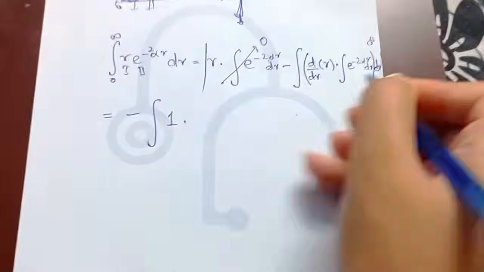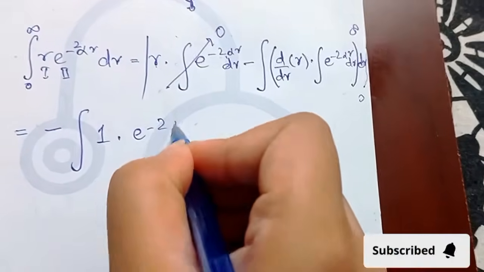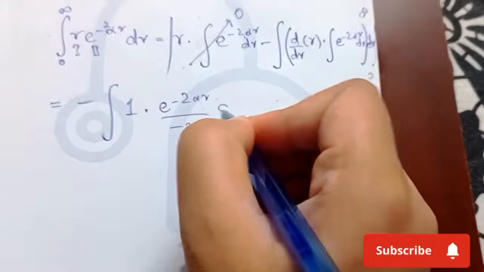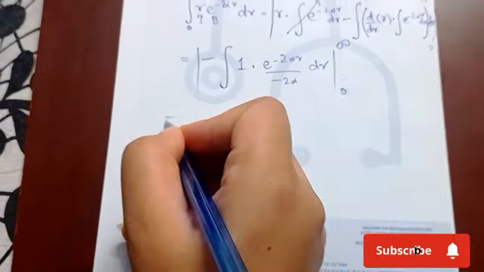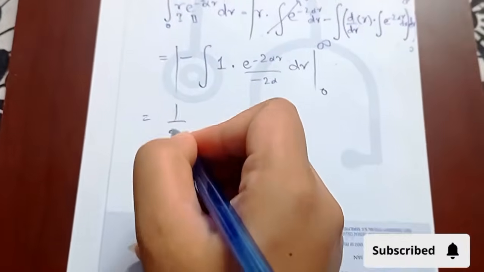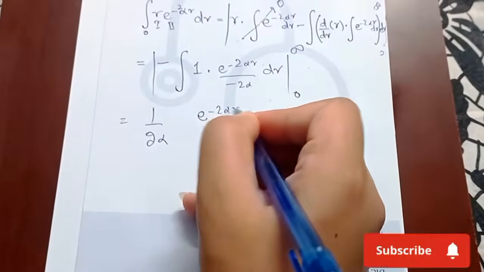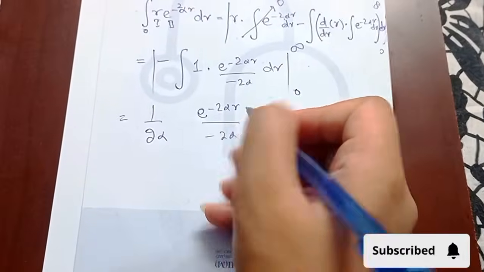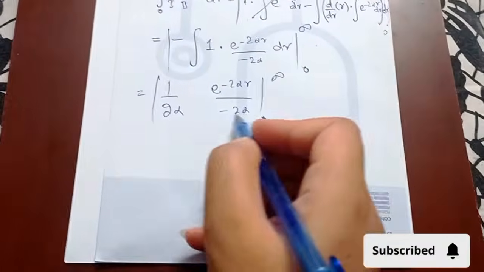So one integration of this term, which is e to the power minus 2 alpha r divided by minus 2 alpha, and now integrating it again, with limit of integration 0 to infinity. This minus minus becomes plus 1 over 2 alpha, integrating it again, e to the power minus 2 alpha r over minus 2 alpha. That is its integration, and then we have the limit of integration.